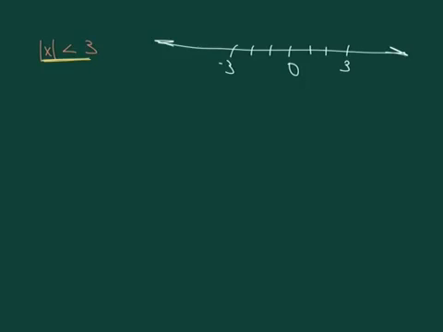The absolute value of x, the distance x is from 0, is smaller than 3. So that means it is going to be a number here, not including -3 or 3. It's going to be a number in here, because all these numbers, when you take the absolute value of them, are going to give you a number less than 3.